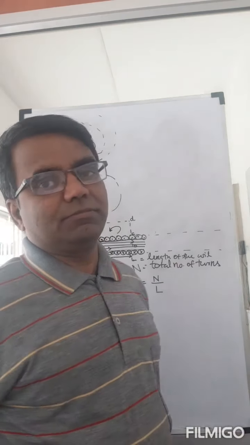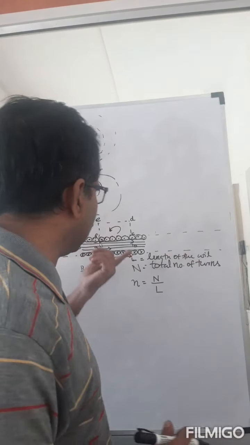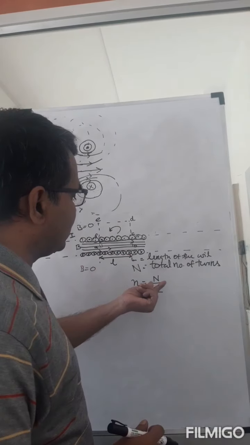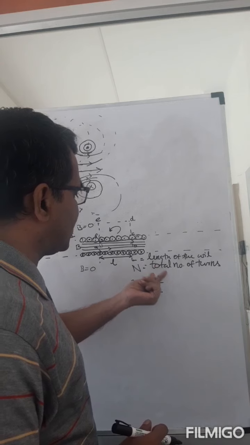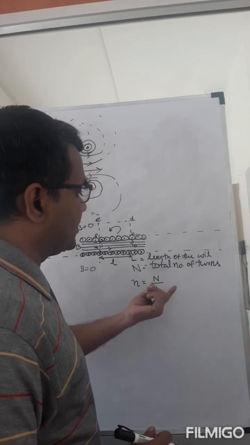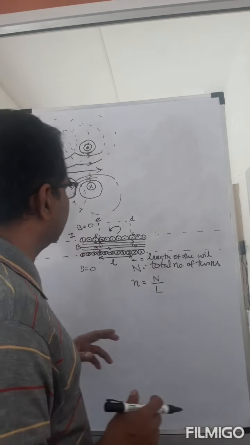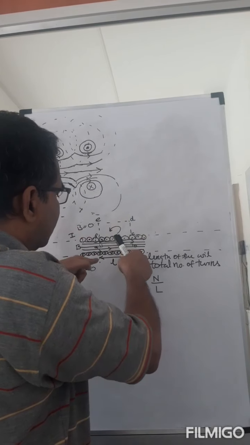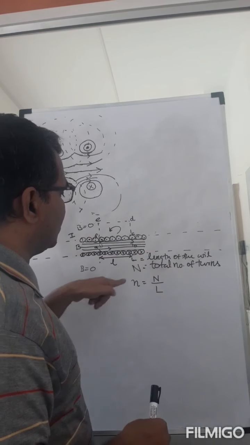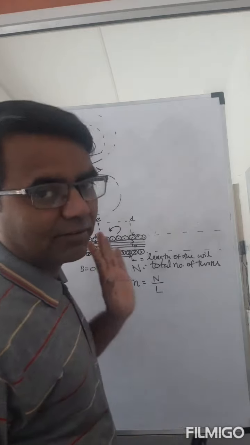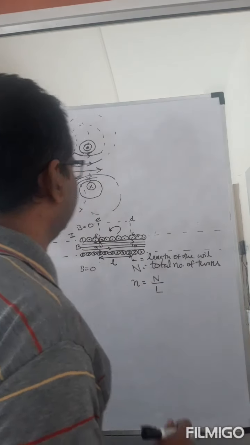I'll use it later, but you can understand that if n is equal to capital N by L, which is the number of turns per unit length, then the number of turns in a particular length l can be found by multiplying l with n. So we'll come back to it later.